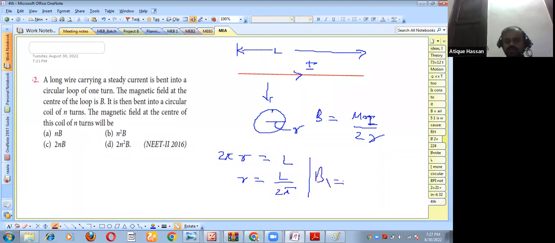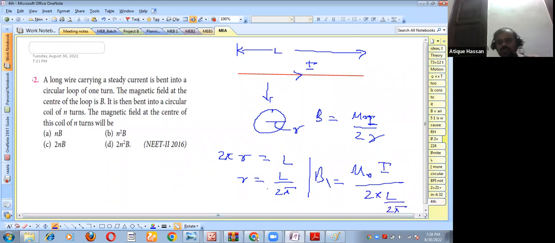So B1 will be equal to mu naught, and current here will be the same, so mu naught I by 2 into L upon 2 pi, right? So from here we get B1 equal to mu naught I by L into pi.